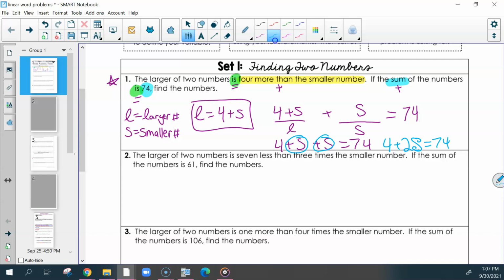And I can solve this for S. So to get S by itself, I need to get rid of 4 on both sides. So I have 2S equals 70. And I'm going to divide both sides by 2. So S equals 35.